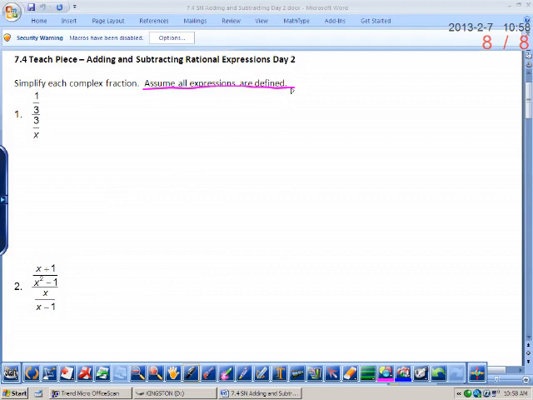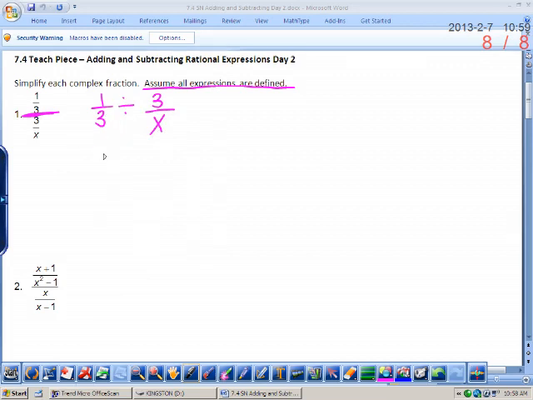X doesn't equal. So number 1 says 1/3 divided by 3 over x. Okay? So what we want to do is think about this as 1/3 divided by 3 over x. Well, how do we divide fractions?